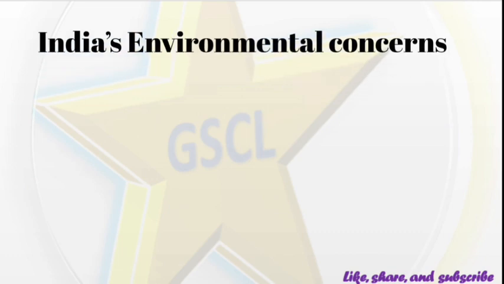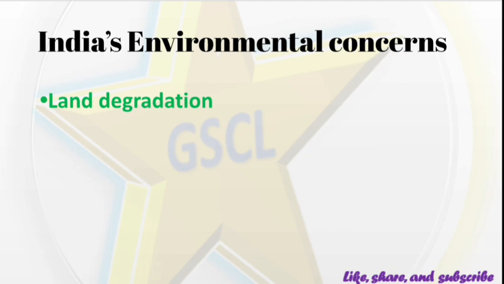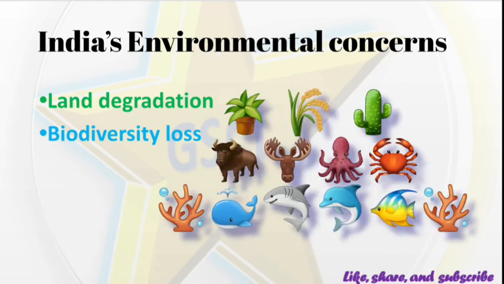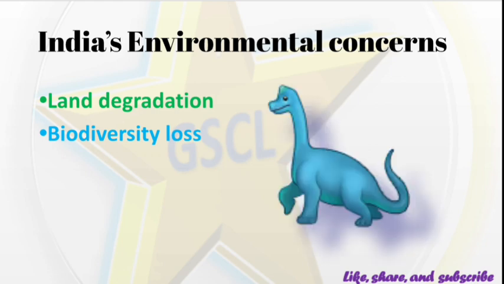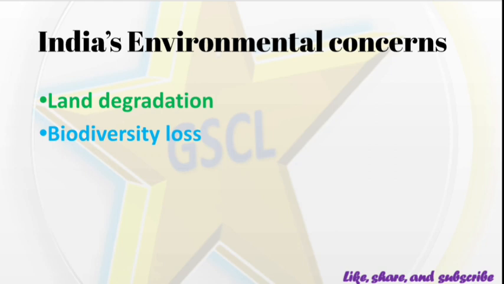Apart from land degradation, here are a few more concerns related to the environment that India has to deal with. Biodiversity loss. A variety of plant and animal species are becoming extinct, like dinosaurs, because of poaching and smuggling.